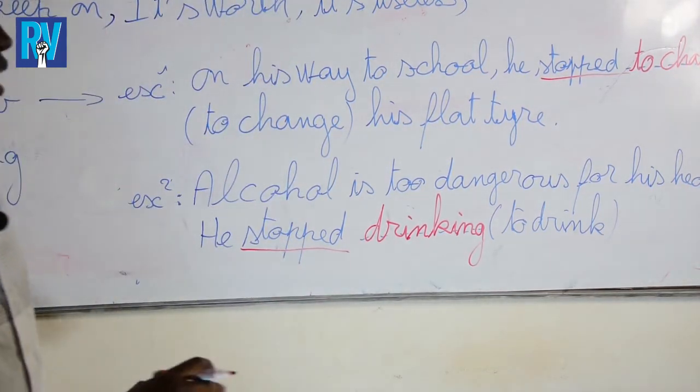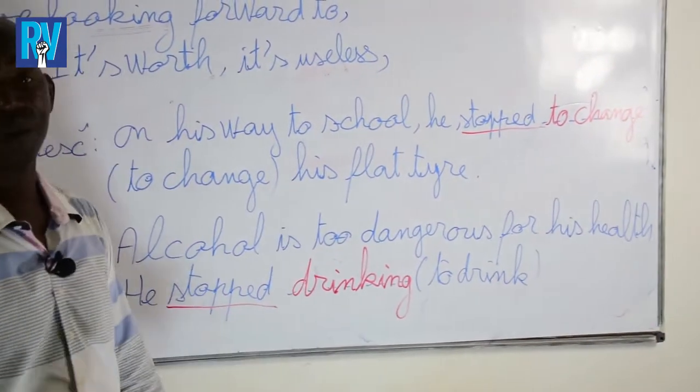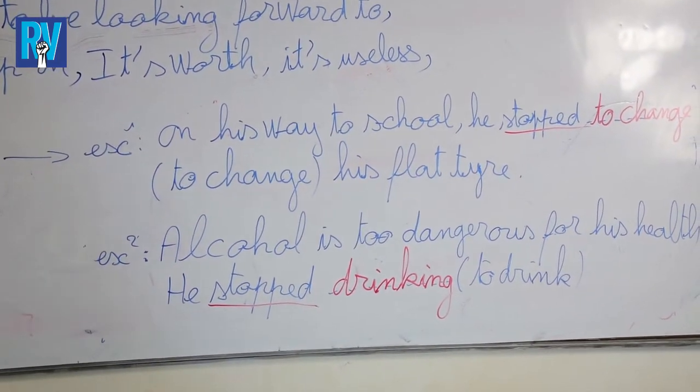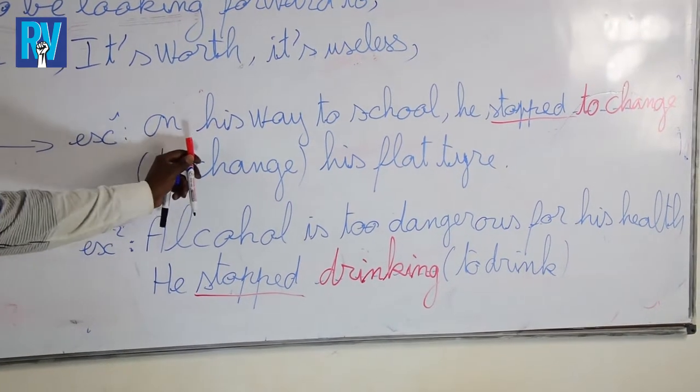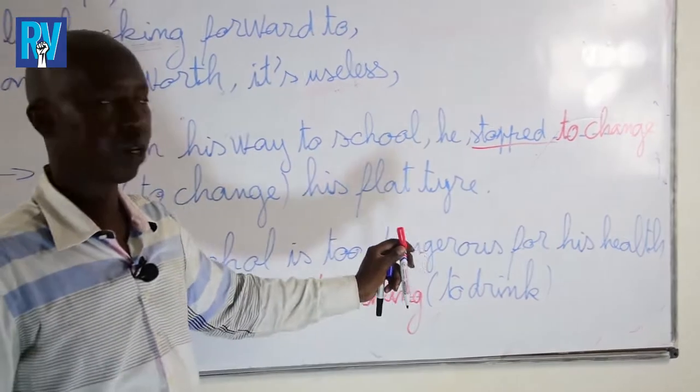He stopped drinking alcohol. Donc, il a arrêté de boire de l'alcool. Donc là, nous avons une rupture. Alors que ici, l'élève qui est à l'école, il s'est arrêté pour changer sa roue crevée.